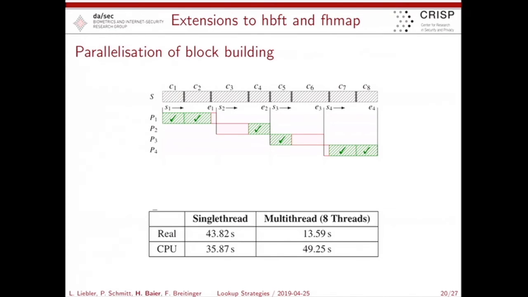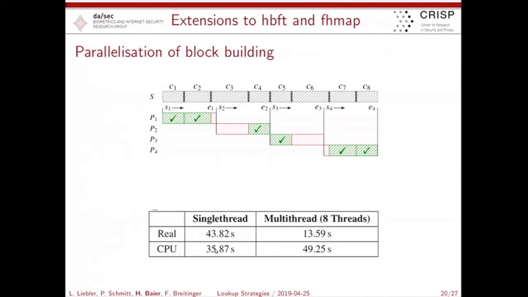One sample runtime for that. We have the real time, the wall clock time, in the first row, and the processor time in the bottom row. What you see here is that the wall clock time, if you only make use of one thread for a data set of about 2 gigabytes, is roughly 44 seconds.